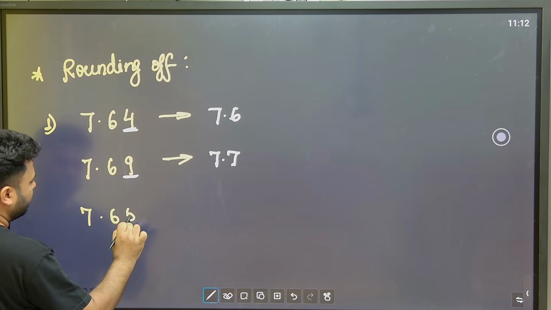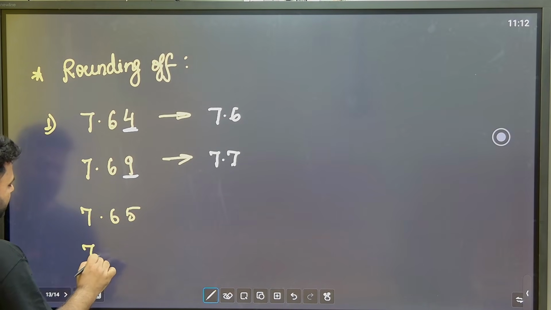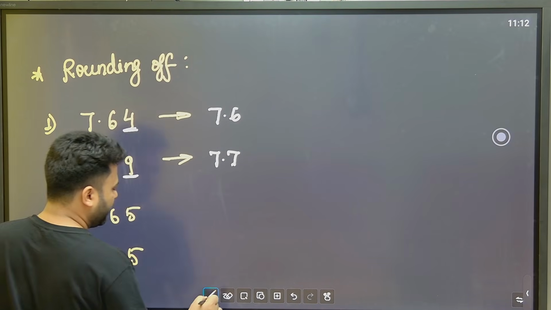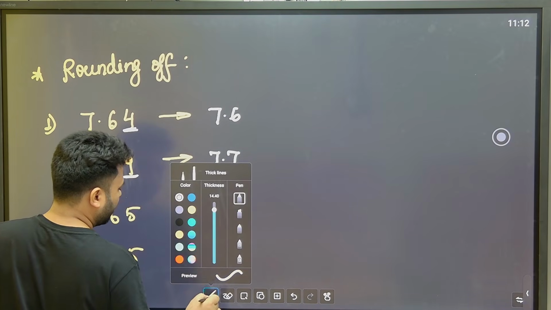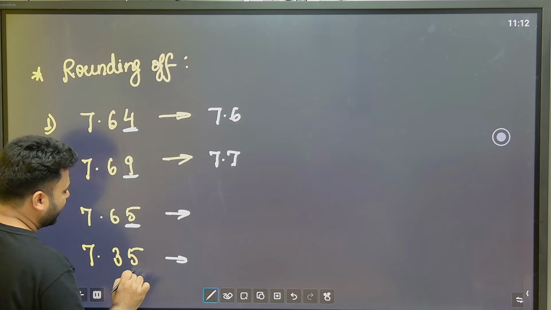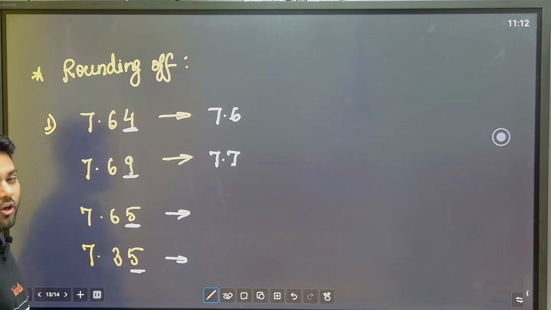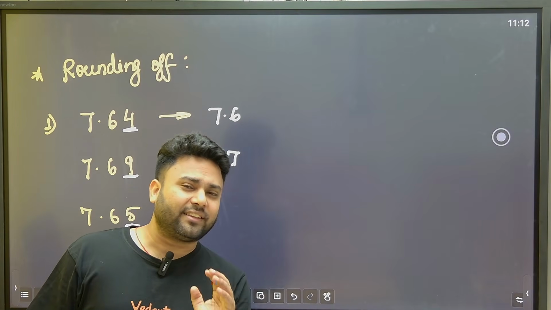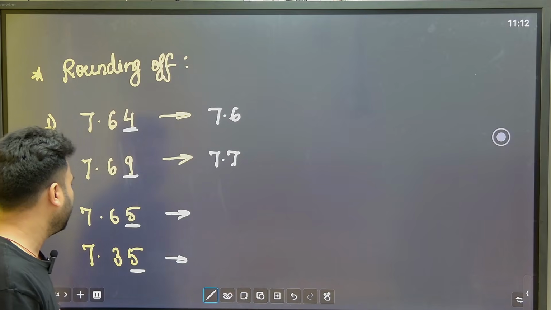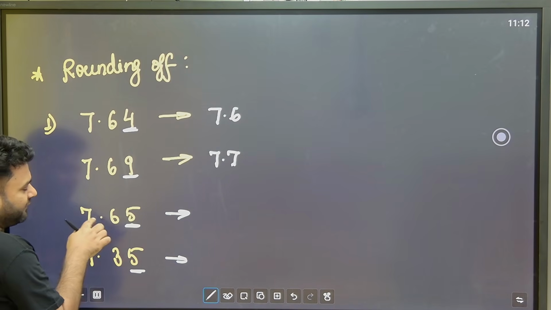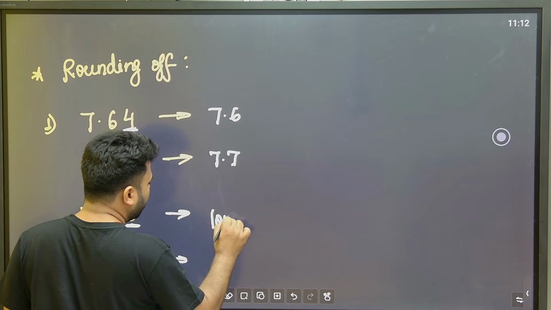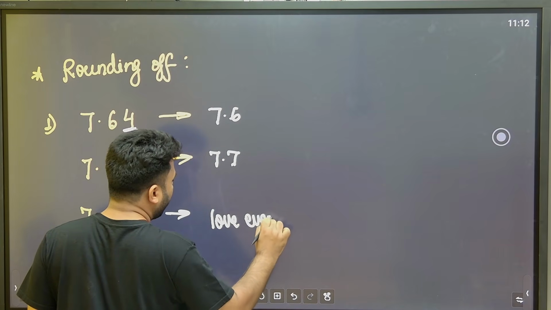Another example I am taking like this. What if the last digit is exactly 5? Now, if the last digit is exactly 5 and the previous digit is even, remember, we love even numbers.